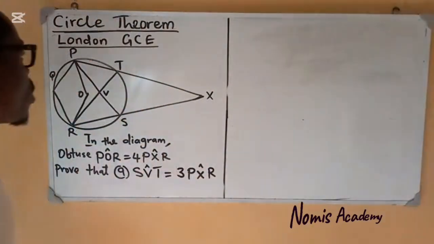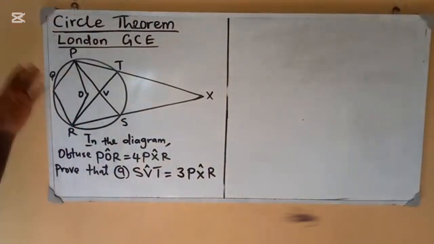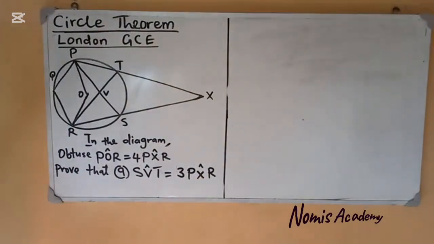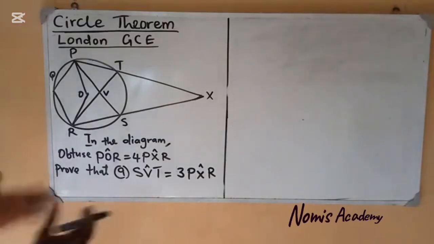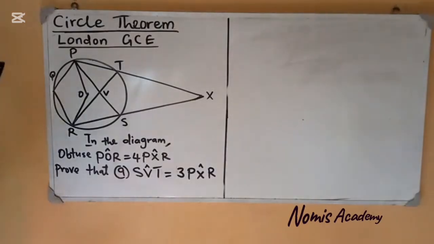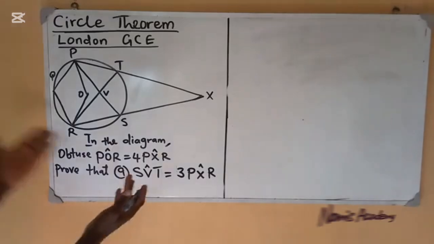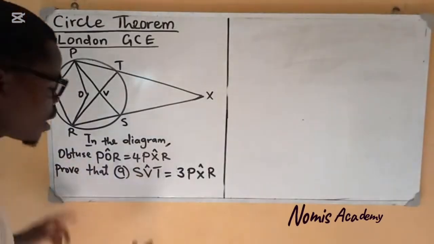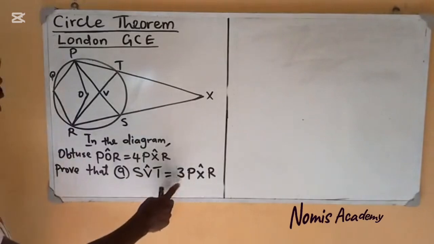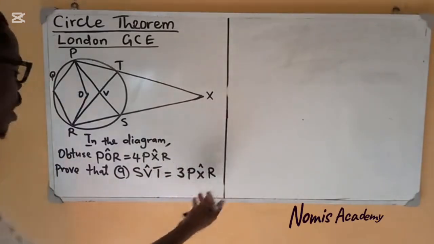In this video, we are going to be looking at circle theorem, and under it, we are going to consider one of the London GCE. We have a problem on the board to solve. The question is asking us to prove that the angle SVT is equal to 3 times PXR.